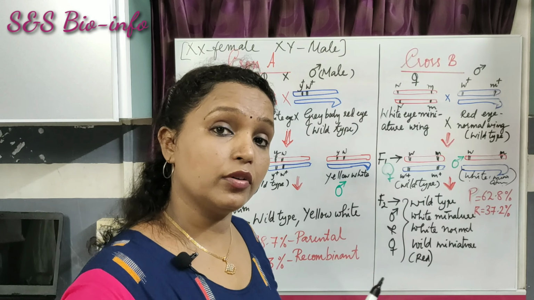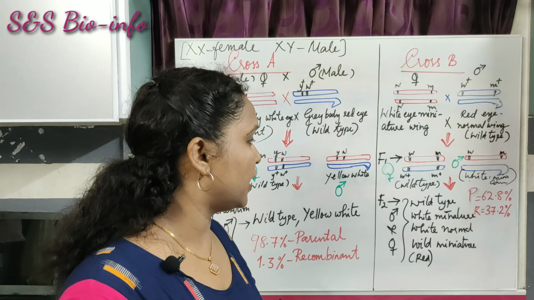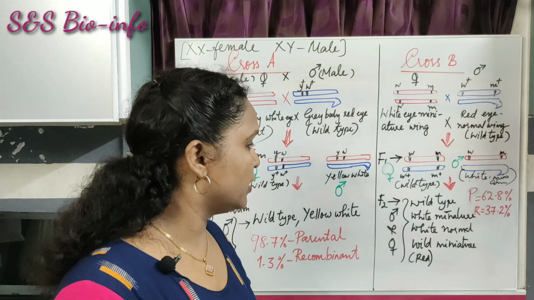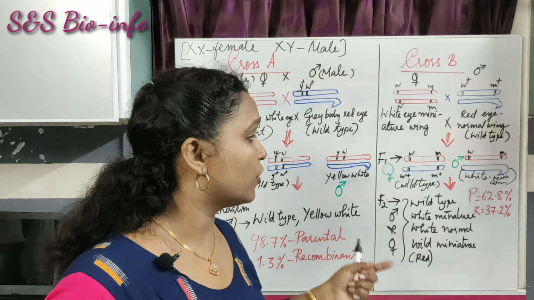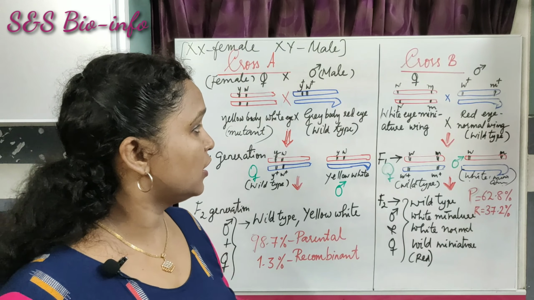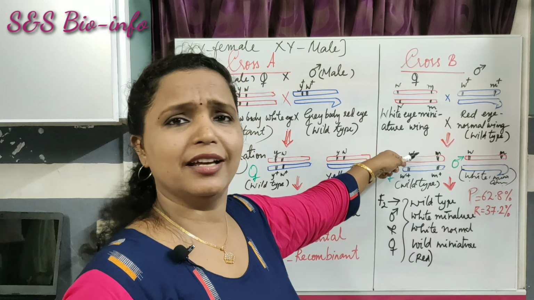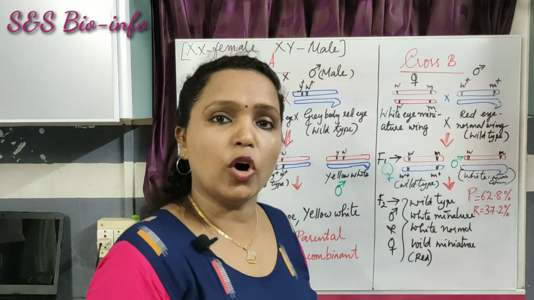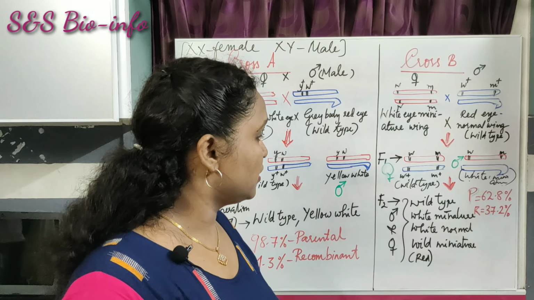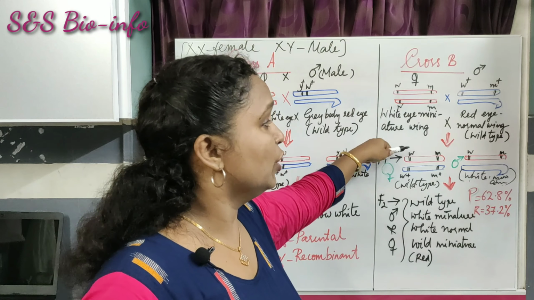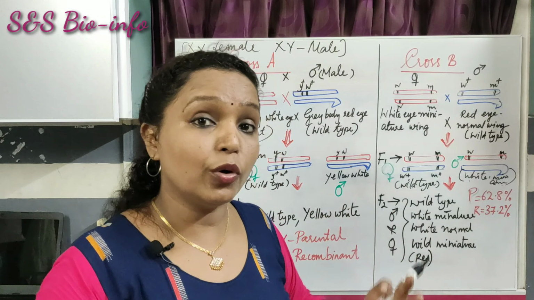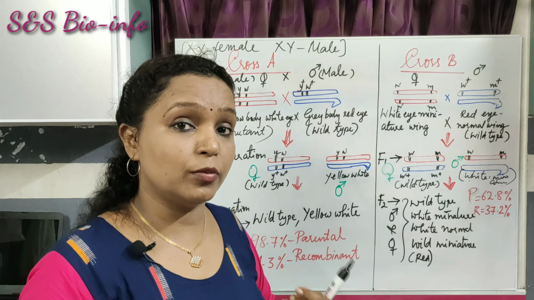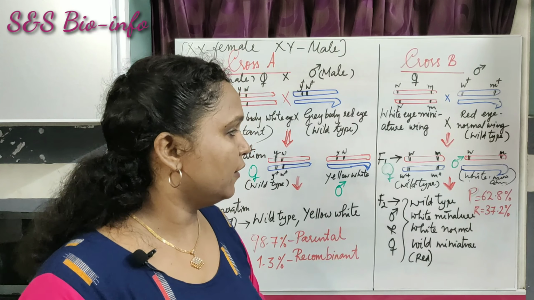When the F1 progeny were crossbred, he got the F2 result with both parental type and recombinant type. The parental types are white eye miniature wing and red eye normal wing. The recombinant types are white eye with normal wing and red eye with miniature wing. More recombinant varieties could be observed in the F2 generation.